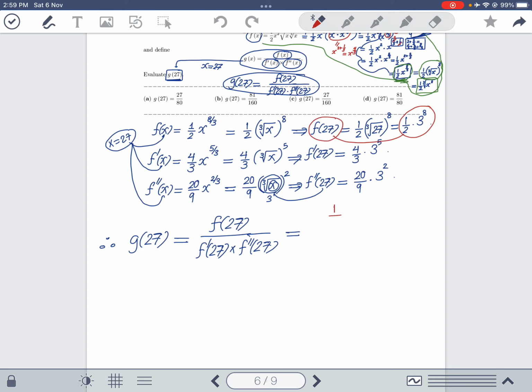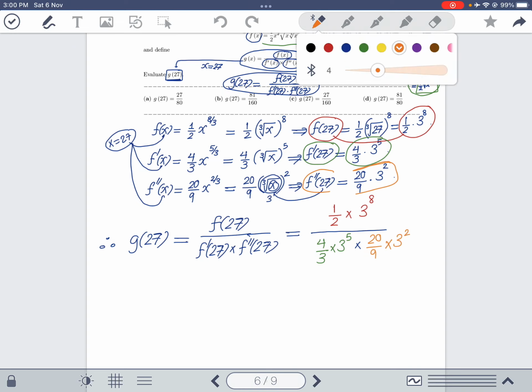So I will replace here half times 3 to the power 8 over, now f prime of 27 is here. So instead of it, I'll write 4 over 3 times 3 to the power 5. That's f prime times f double prime. F double prime of 27 is here. So 20 over 9 times 3 squared. Okay, good. Now evaluate this thing.